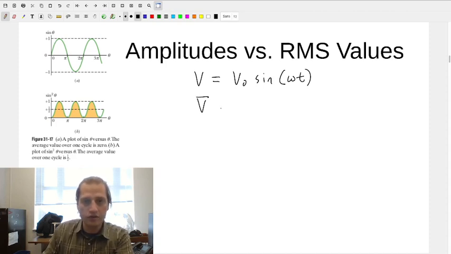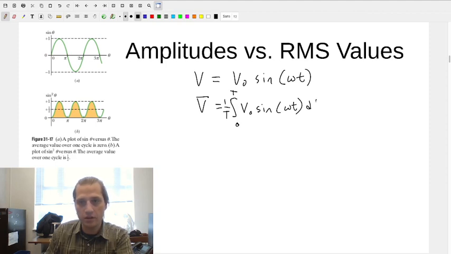The average voltage would be from 0 to T, and then you take 1 over T, and you would add up all of the contributions of V naught times sine omega t times dt. Now, what's a little bad about that is that this would just be 0.